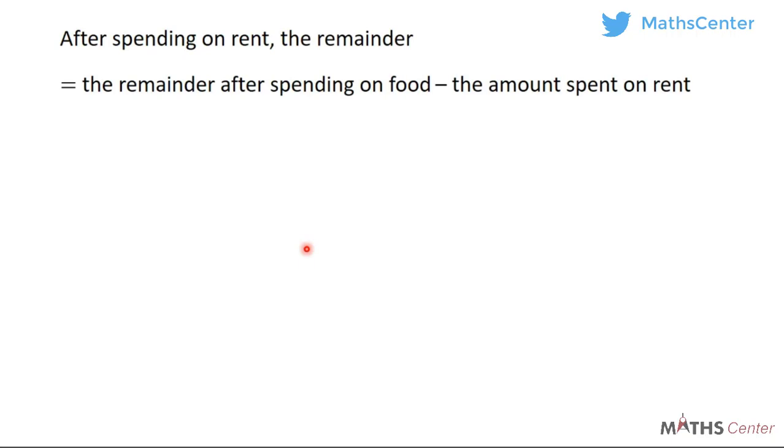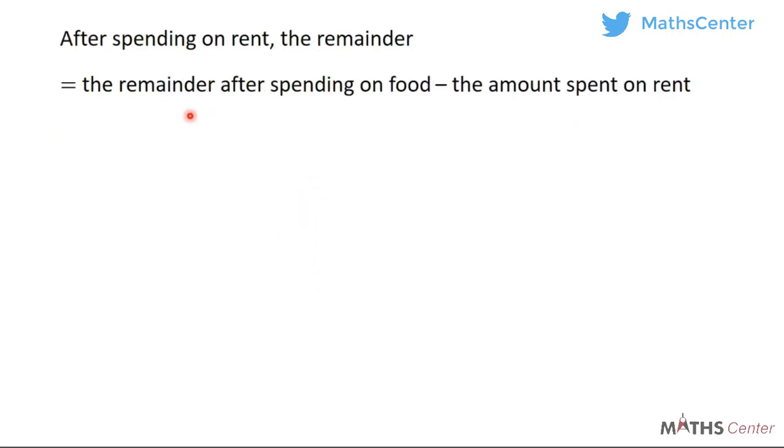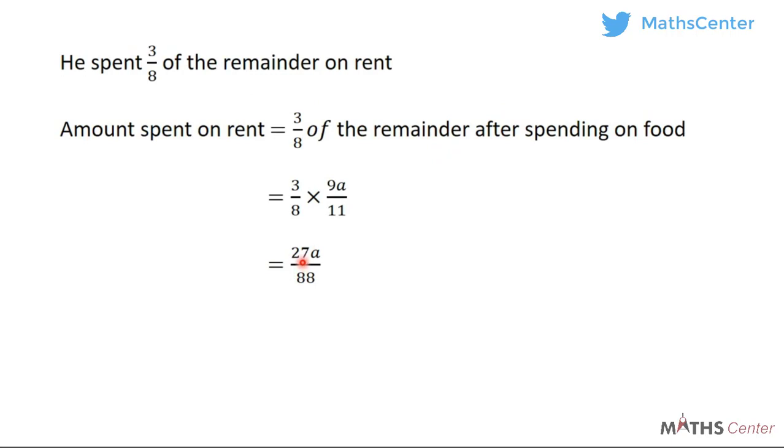After spending on rent, the remainder will be the amount he had before spending on rent, which is the amount after spending on food, 9A/11, minus the amount he spent on rent, which we found to be 27A/88.